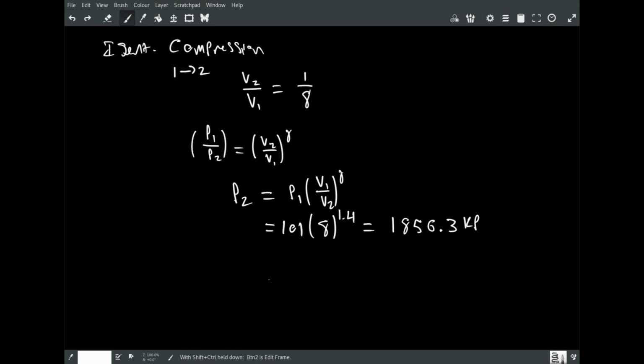The isentropic relation for temperature is going to be T1 over T2 equals V2 over V1 to the gamma minus 1.